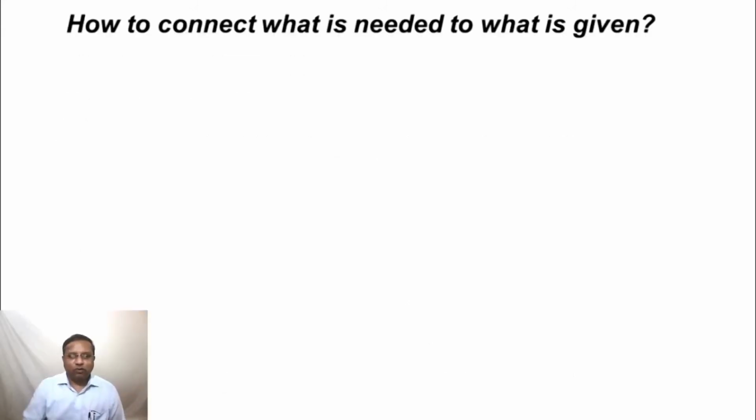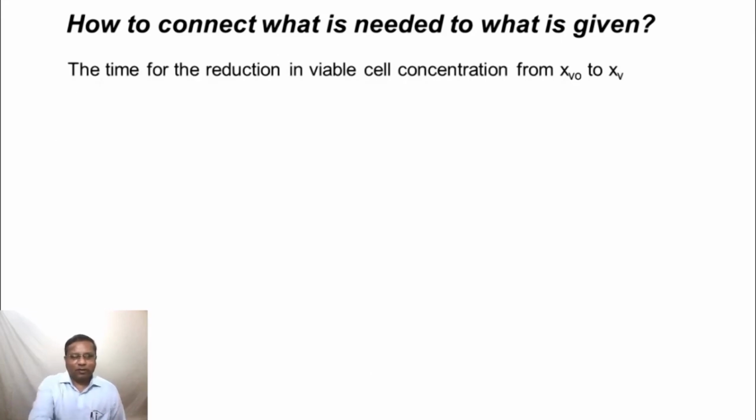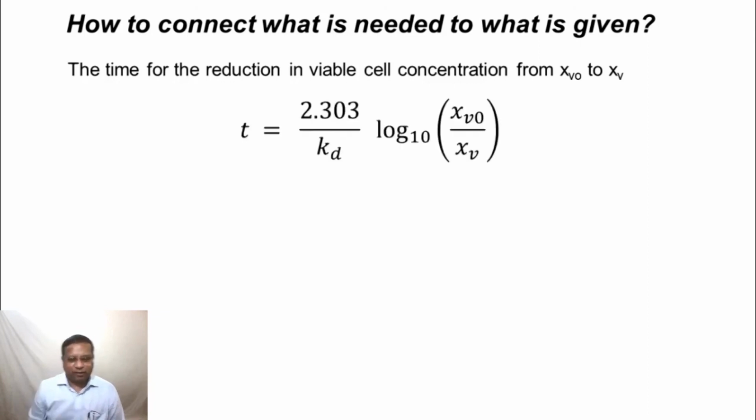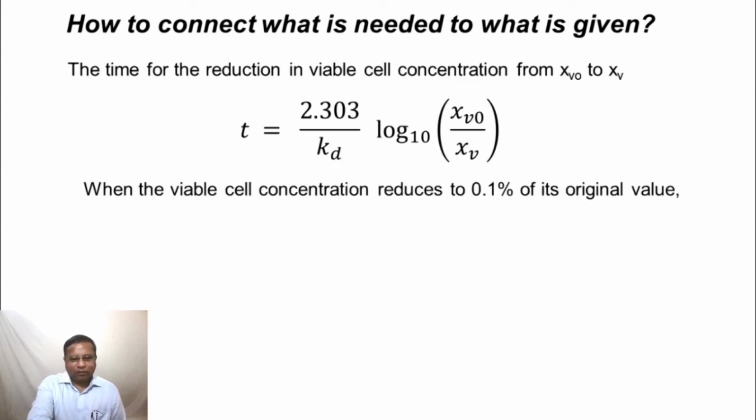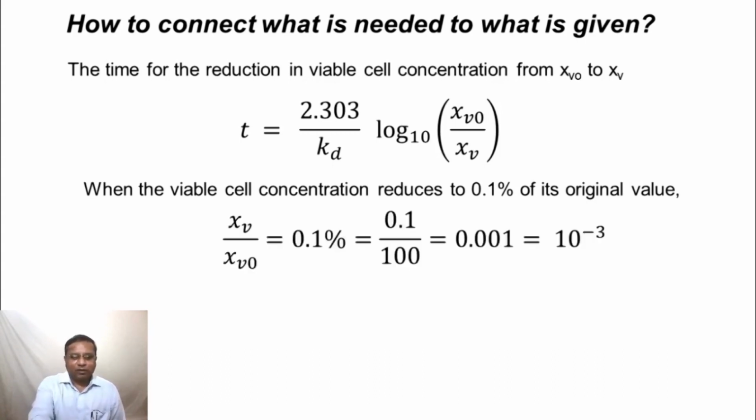How do we connect what is needed to what is given? The time for reduction in viable cell concentration from xv naught to xv, we have already derived and seen earlier, equals 2.303 by Kd log to the base 10 of xv naught by xv. When the viable cell concentration reduces to 0.1% of its original value, this is the condition of interest to us in problem B. We know that xv by xv naught is 0.1%.